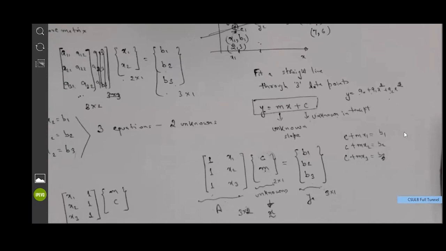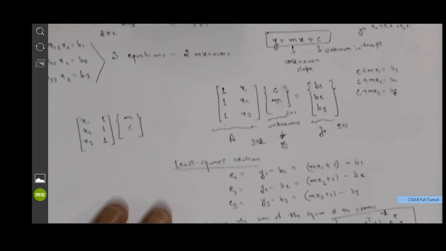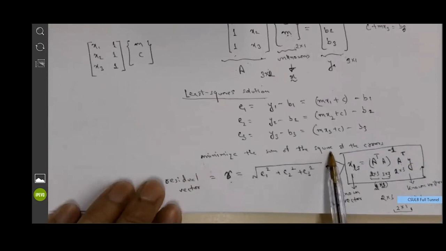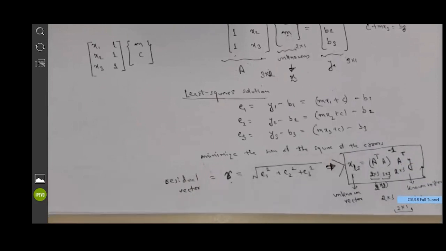I have a question. Is this solution unique? Yeah, it is the best possible solution which minimizes the error. There is no other solution which can minimize the error as well as this one. We are always basically doing the minimization of errors.